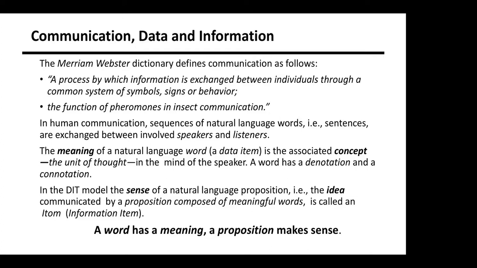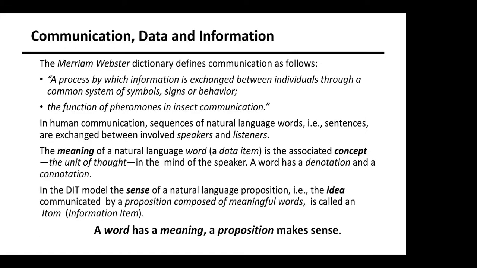And to give you a short introduction, in the DAT model, information is the sense, the idea communicated by a basic natural language sentence. It is composed of meaningful words.